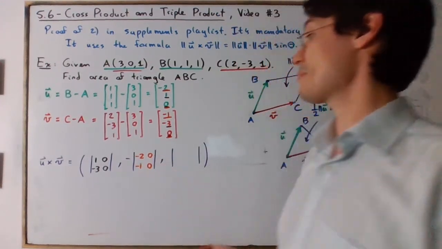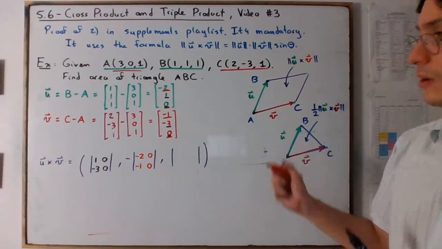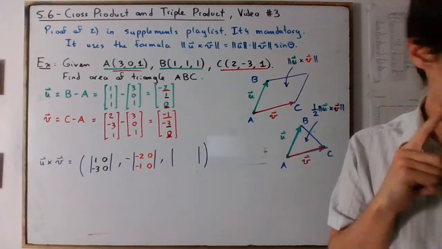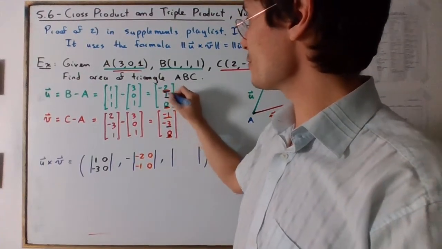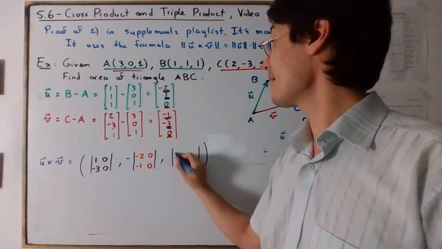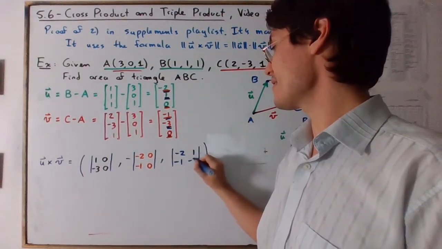Yeah, that works. Perfect. And now for the third determinant, I said blue, you're using the first and the second. So you will have negative 2, 1, and negative 1, negative 3.